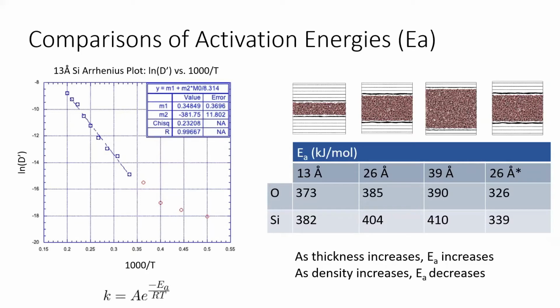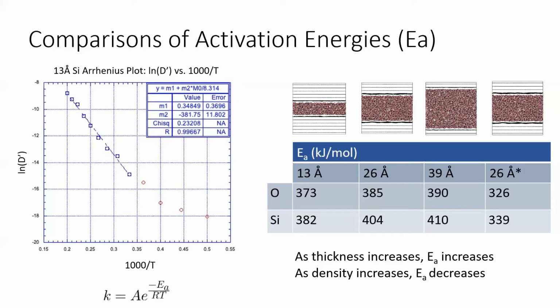So the Arrhenius equation is a relationship that relates the rates of movements of atoms with temperature or thermal energy. When you take the ln of both sides of the equation, you will have ln of D prime versus inverse temperature, and this will have a slope of negative activation energy over the gas constant. From this, we can easily calculate the activation energy from the slope.